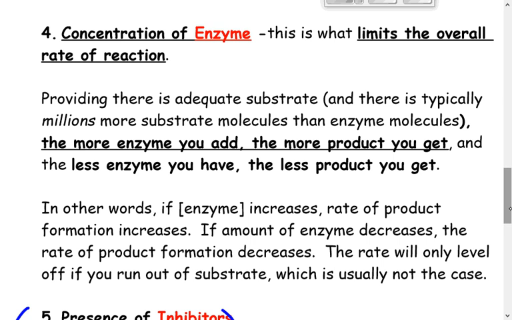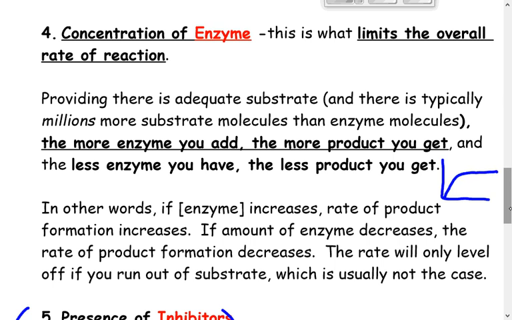If the amount of enzyme decreases, the rate usually decreases as well. The rate's only going to level off if you run out of substrate. So eventually you're either going to run out of enzymes or substrate, and then the reaction rate's going to level off, just like the little graph I drew.